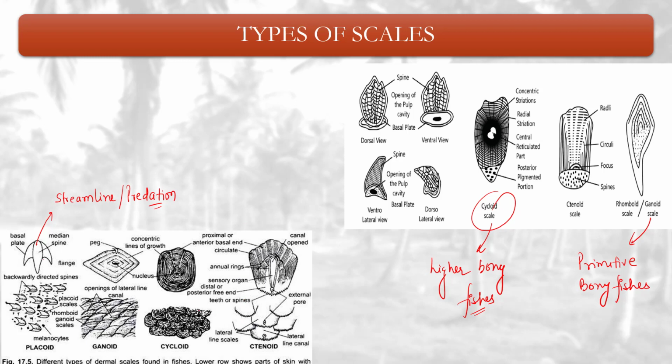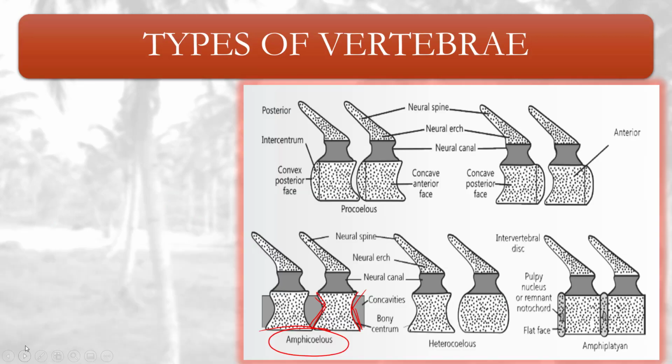In cycloid type you can see the rings which are forming like this. You don't have to go deep, just remember the types of scale: cycloid type, ganoid type, ctenoid type, and placoid type. Okay, my dear students, got it?